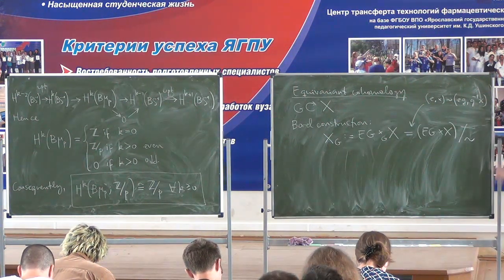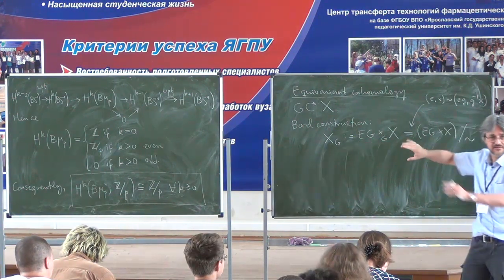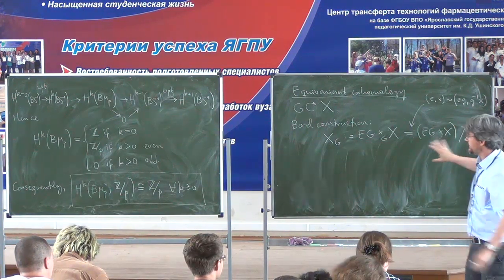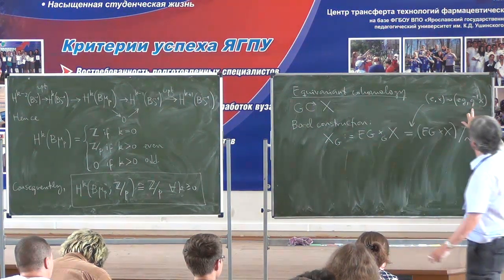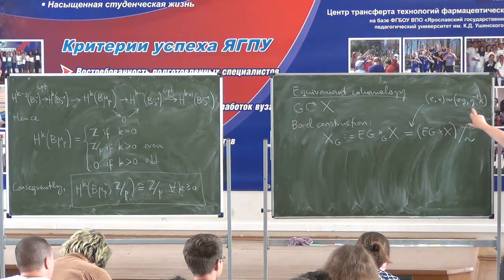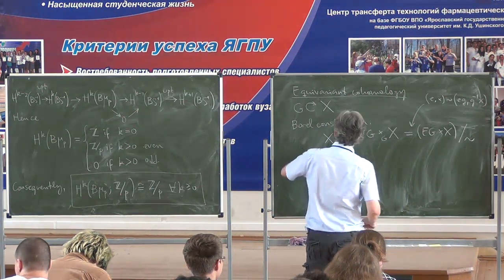Here I'm following the standard convention that the action of G on a principal bundle is on the right, and all my actions on general spaces are on the left, and so this is consistent with this notation.